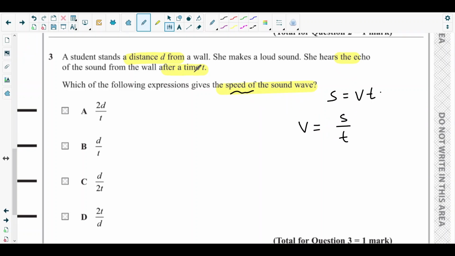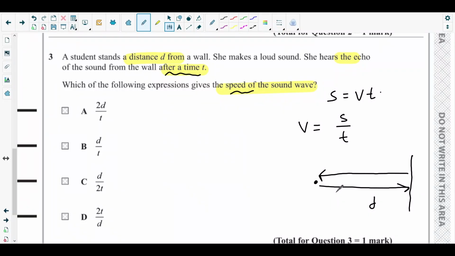Basically the time here is the time required for the sound, let's say from here the sound has been produced, so that time t is basically the time required for the sound to travel this distance d and then go back and again reach the initial point.